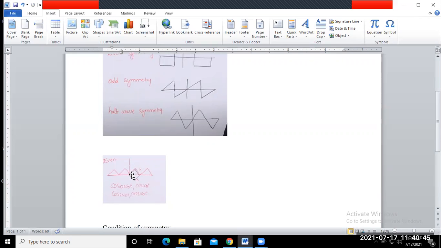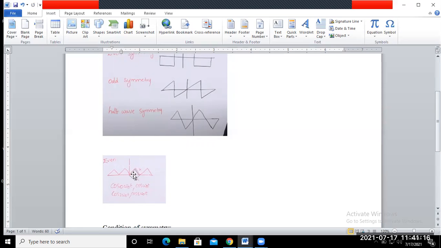This is your x(t) from this to this, and if you take x(minus t), this overlaps on this one, so this is even symmetry. Now check whether it follows half wave symmetry. If you shift the half waveform and take the reverse, it looks like this. So this does not follow the condition of half wave symmetry.